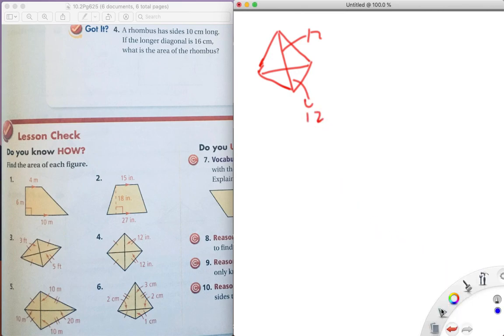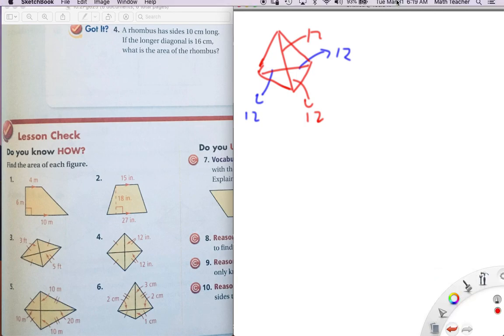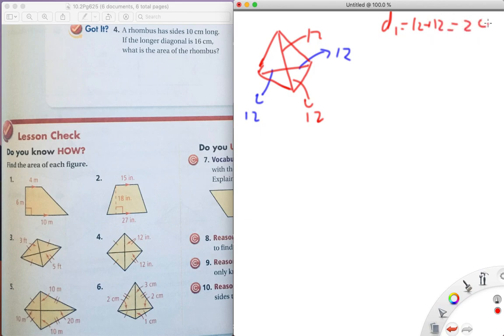Then they give us this as being 12 as well, which means we're dealing with a particular type of rhombus, which is a special rhombus, which is a square. This is probably a square. So the first diagonal is going to be 12 plus 12, which equals 24. The second diagonal is also 12 plus 12, which also equals 24.